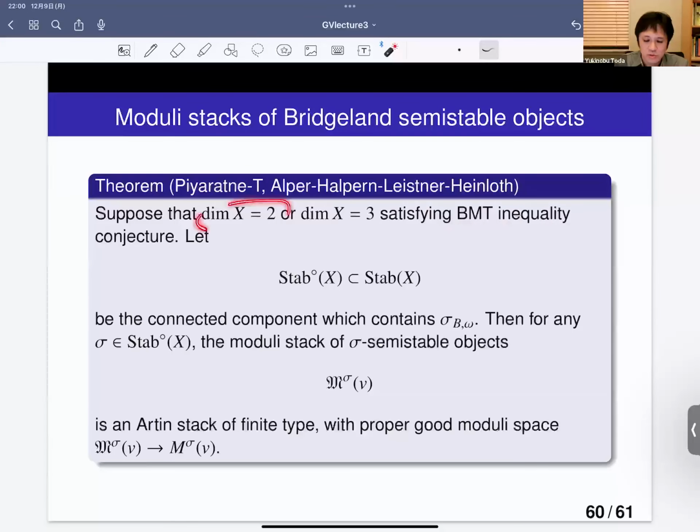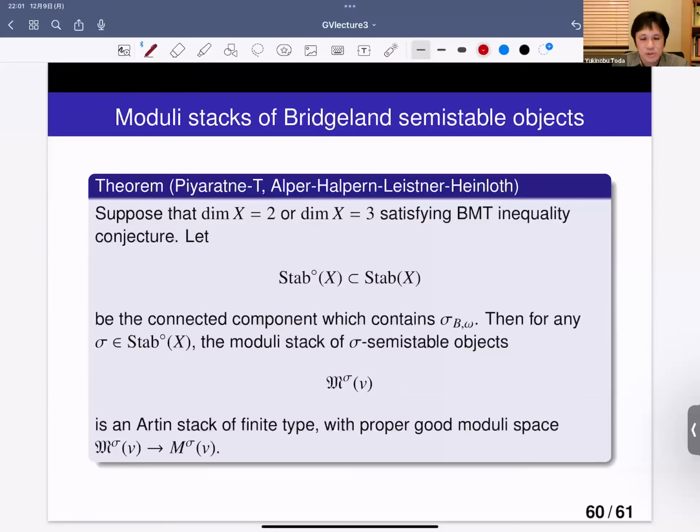That is, if X is two-dimensional or three-dimensional, satisfying this inequality conjecture, and if we consider a stability condition which lies in the connected component of this particular choice of stability conditions, then we have a nice moduli stack of semistable objects. In fact, this is an Artin stack of finite type, and it also admits a good moduli space. Contrary to the case of semistable sheaves, we don't know whether this is projective or not.